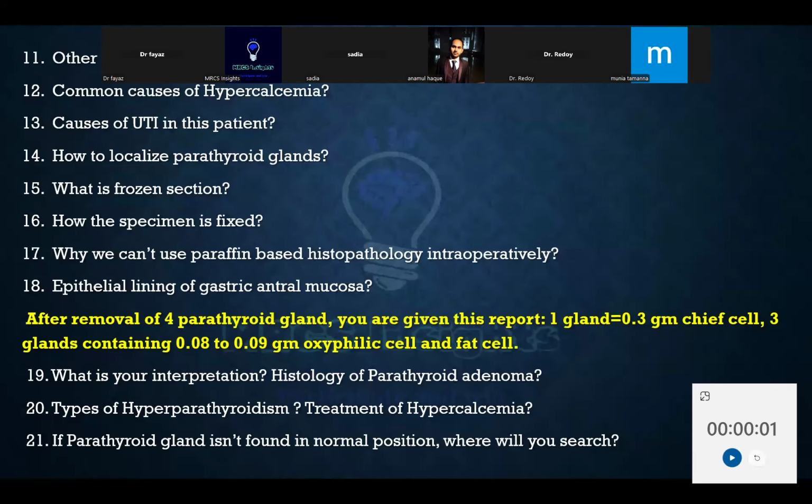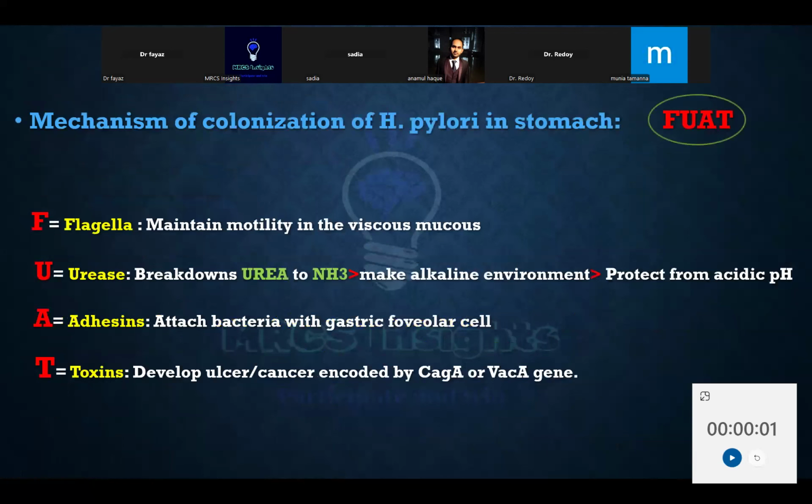In this question, about the mechanism of colonization of Helicobacter pylori in the stomach, you forgot to tell about adhesins and toxins. If you remember FUAT, you won't miss any mechanism in the exam.